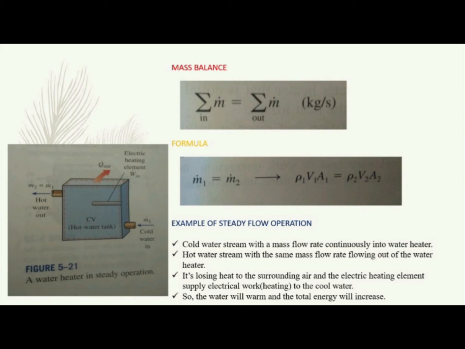A cool water stream with a mass flow rate continuously flows into the water heater. So the hot water stream with the same mass flow rate flows out of the water heater for us to use. It is losing heat to the surrounding air, and the electric heating element supplies electrical work during the heating process to the cool water. So the water will warm and the total energy will increase.